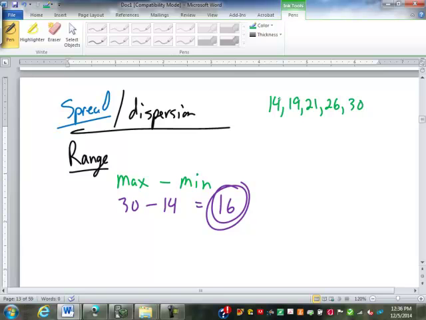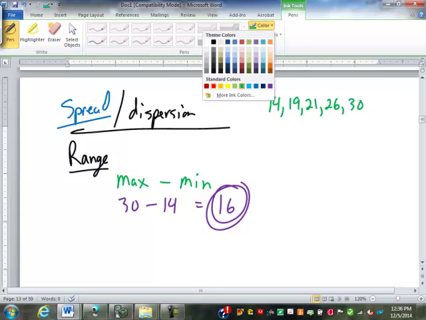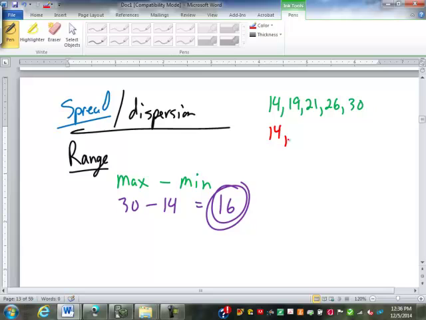I could have other sets of numbers. In fact, I'll put another set of numbers up here. Oops. Let me do this like this. There's one.